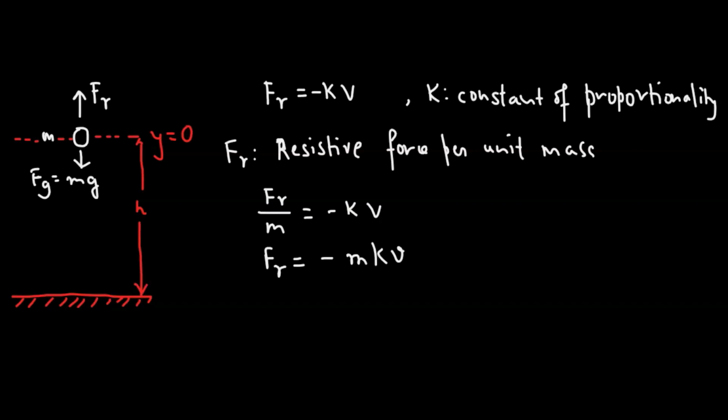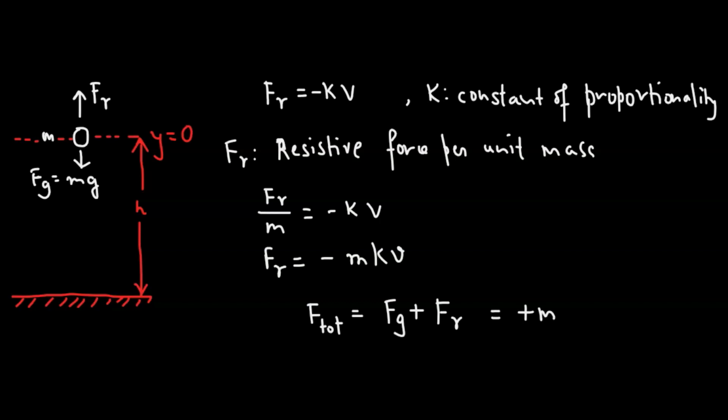That means our initial position from where the ball starts to fall is at a height of h from the ground. Now, the total force acting on the object will be due to the gravitational force Fg as well as the resistive force acting on it.